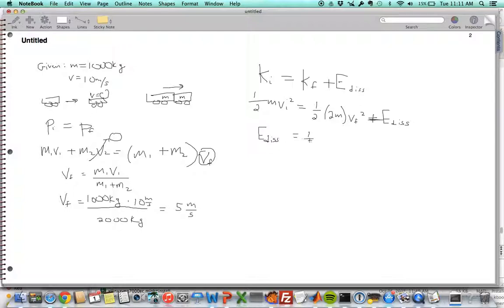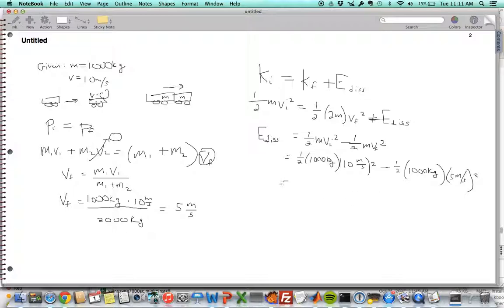E dissipated is equal to 1/2 m v initial squared minus 1/2 m v final squared, and so that's equal to 1/2 times 1,000 kilograms times 10 meters per second squared, minus 1/2 times 1,000 kilograms times 5 meters per second squared.